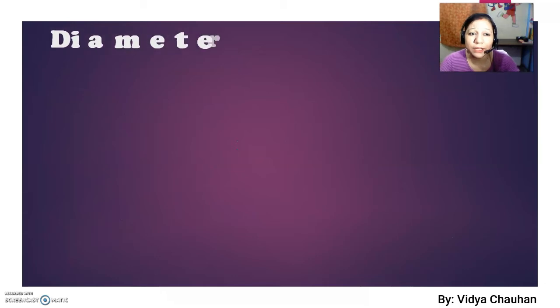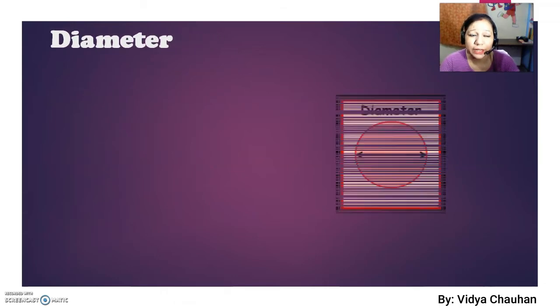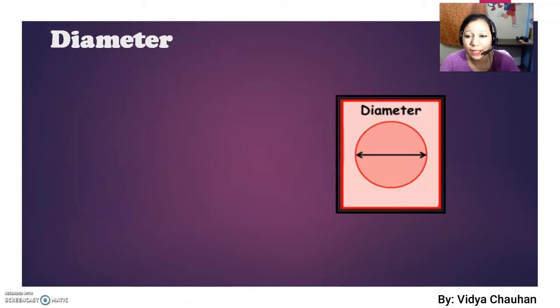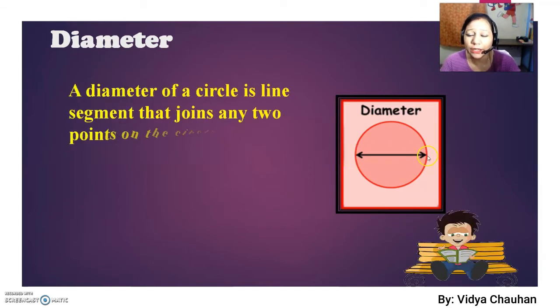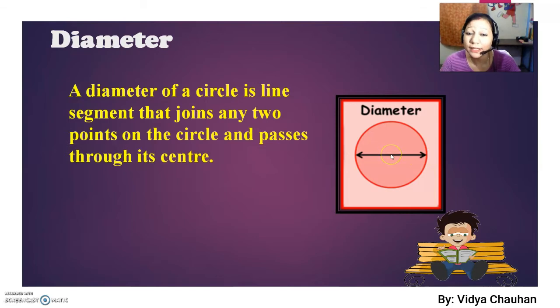The next part of the circle is diameter. As you can see here, the diameter is the line drawn from one end of the circle to the other end, passing through the center. A diameter of a circle is a line segment that joins any two points on the circle and passes through its center.